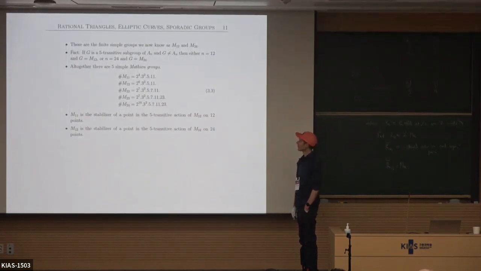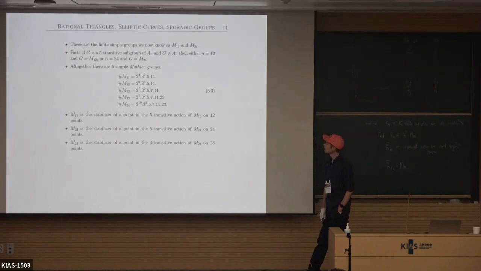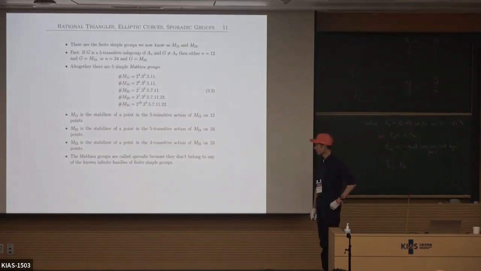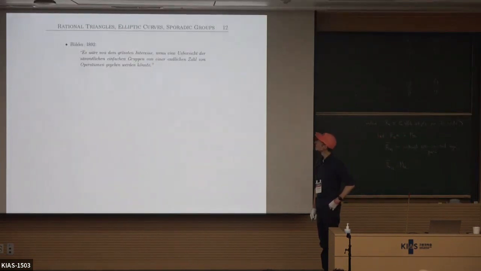If you take M24 and fix a point, the point stabilizer turns out to be simple again. And similarly with M23. These finite simple groups are called sporadic because they don't belong to any of the infinite families.